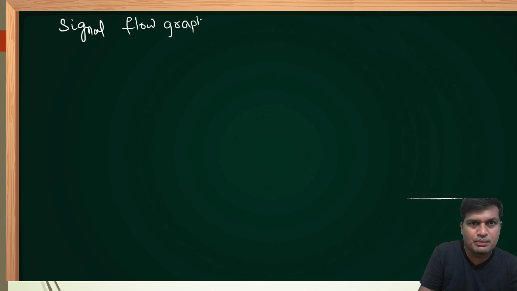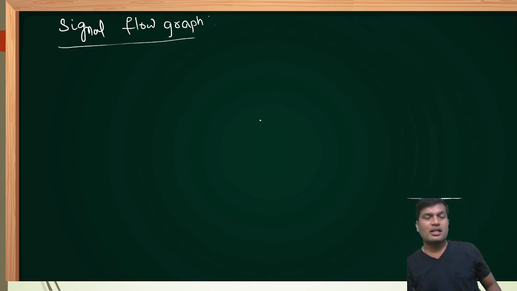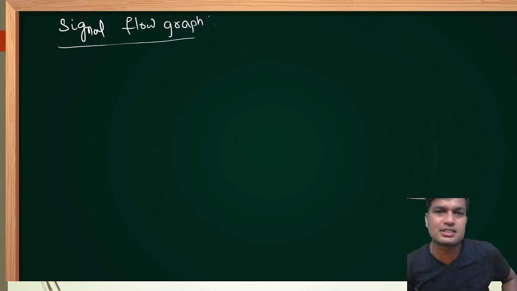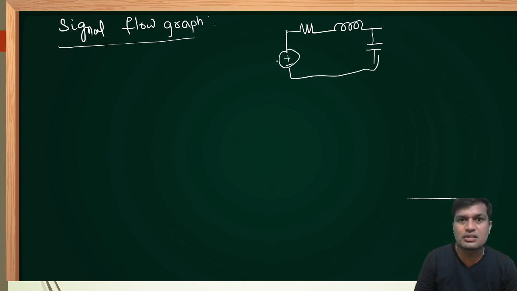Just now I explained that a signal flow graph is a graphical representation using nodes and branch gains to represent linear algebraic equations. Dear friends, say this is a resistor, inductor, and capacitor, all three connected across an AC voltage source, with voltage and current.